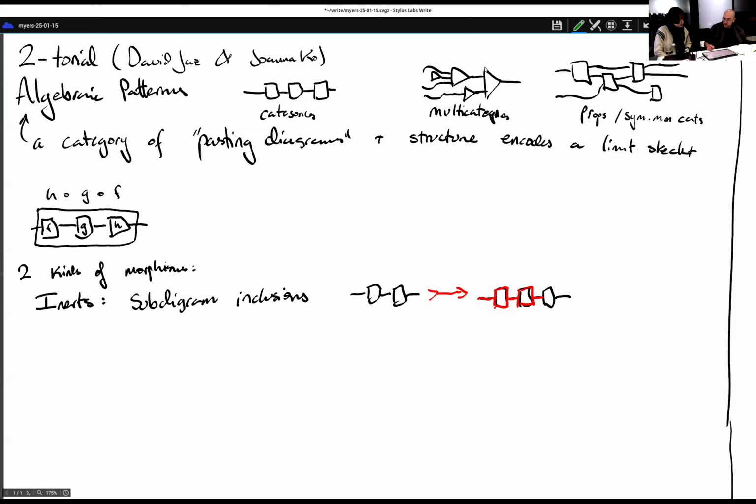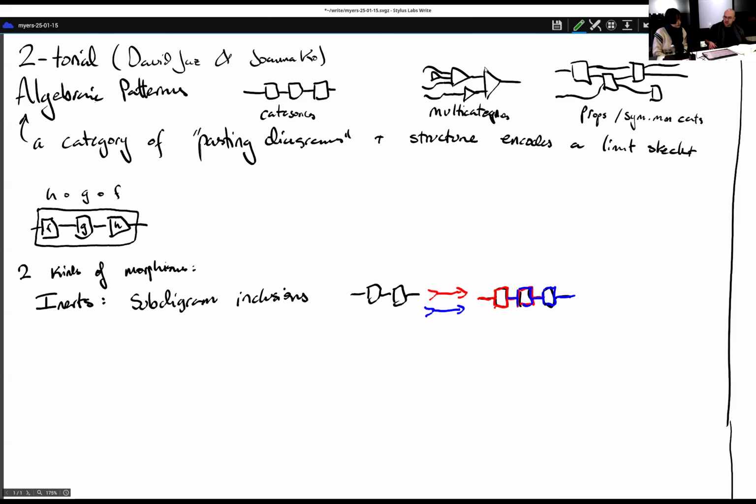Of course, there's also the other one, in blue, that picks out the other half.